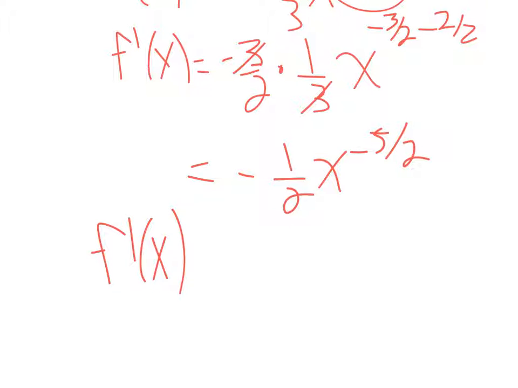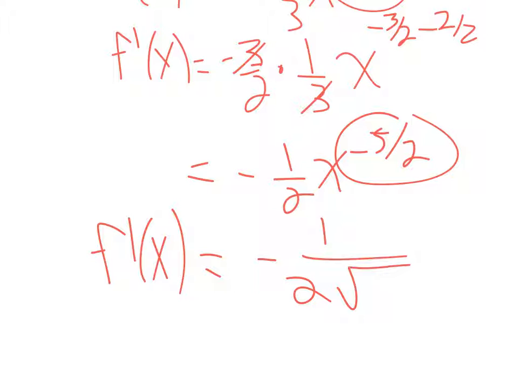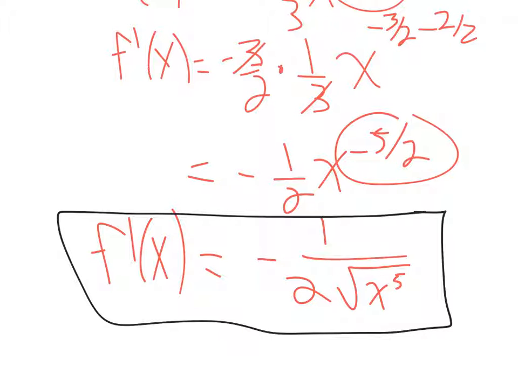Now I can rewrite this with radicals. So a negative means it's going to appear in the bottom. The 5 is the exponent, the 2 is the root. Negative 1 over 2 root of x to the 5th. And that is the derivative.